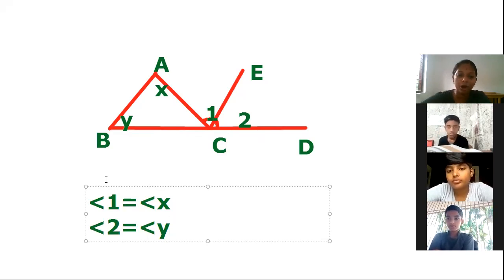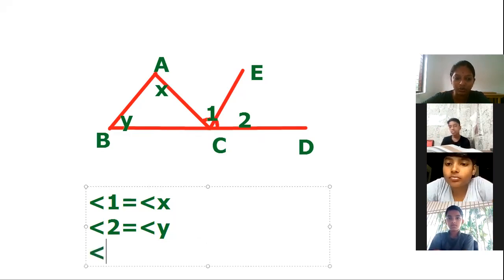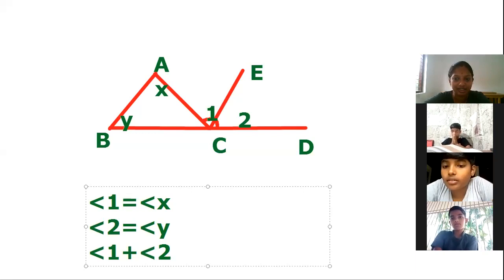Then what is the property of angle 1 plus angle 2? Which is the exterior angle, isn't it? Angle 1 plus angle 2 means this whole angle, which is the exterior angle.